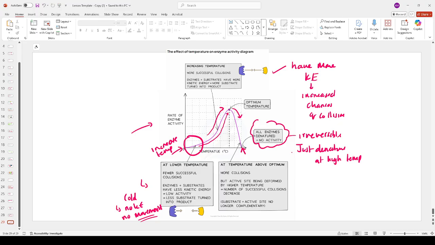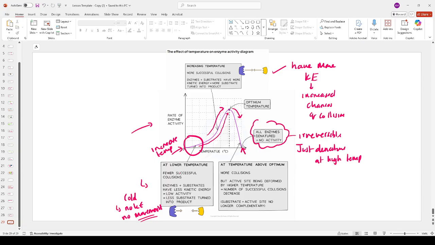At low temperatures, they just don't bind, because there's no kinetic energy. So if you have more successful collisions, you're going to have more enzyme substrate complexes because they're going to combine at a faster rate.